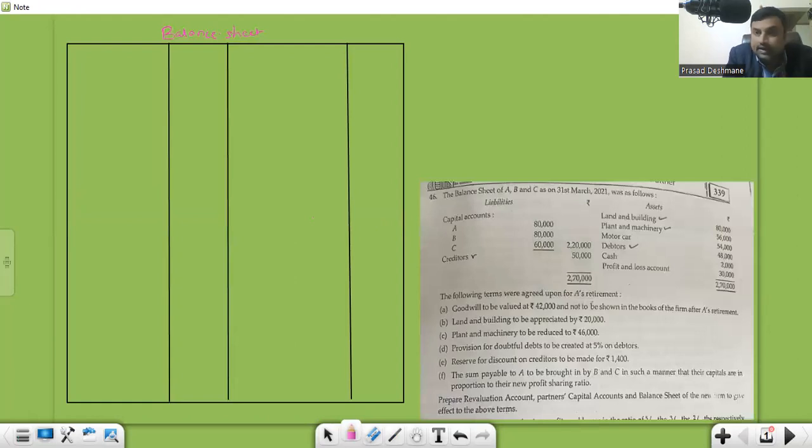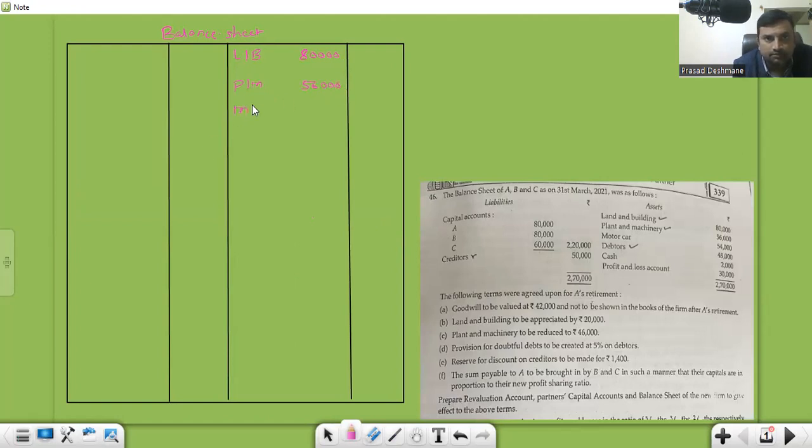Then we will start putting all the assets and liabilities. So first land and building, 80,000. Plant and machinery, 56,000.